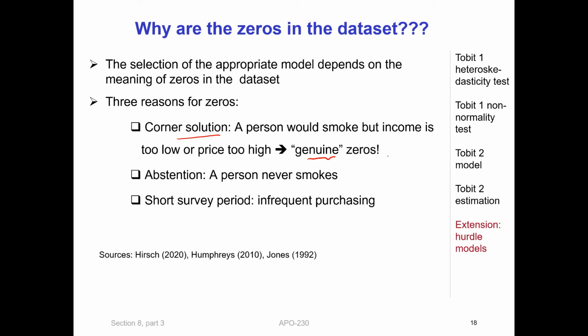Even if beer is cheaper, if I could afford a lot of it without giving up other things, I would still not drink beer, right? That is the idea of abstention. So if you ask that person who never smoked, or me, we will respond not applicable, NA.